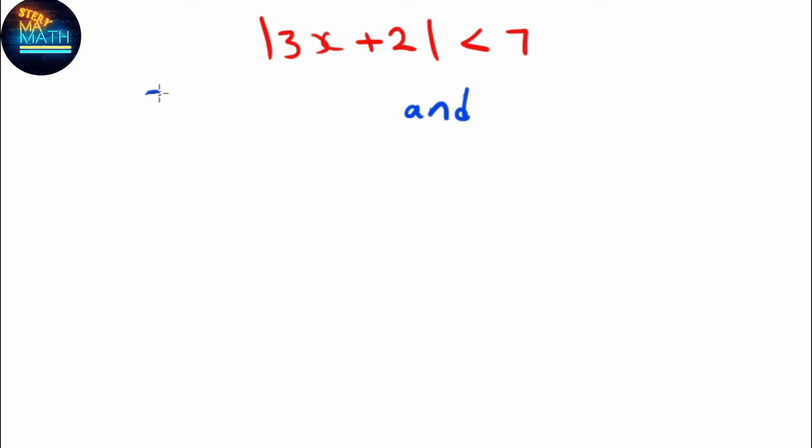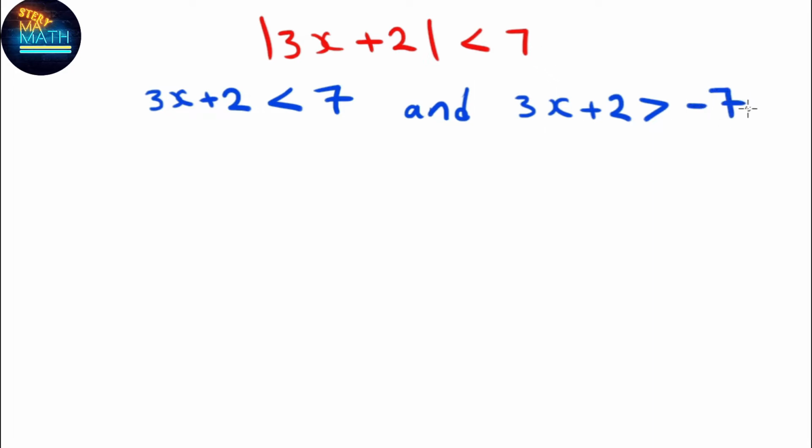It means 3x plus 2 is less than 7. And the second inequality will be the same, 3x plus 2, but just we will flip the sign. Here is a less than, it will be greater than, and we will change the sign of the number. Here is 7, it will be -7.